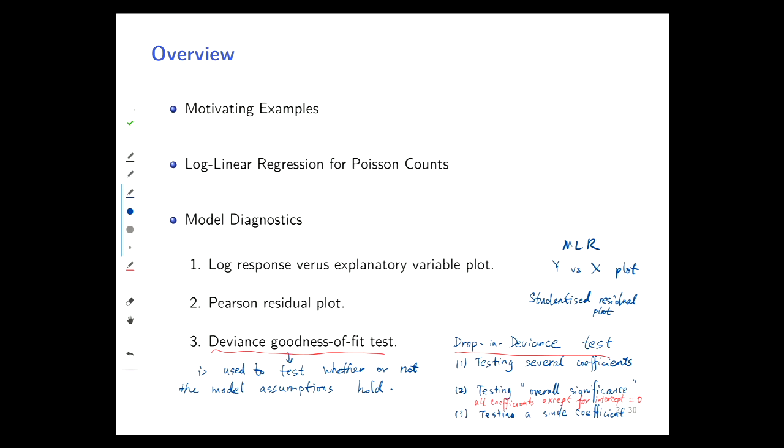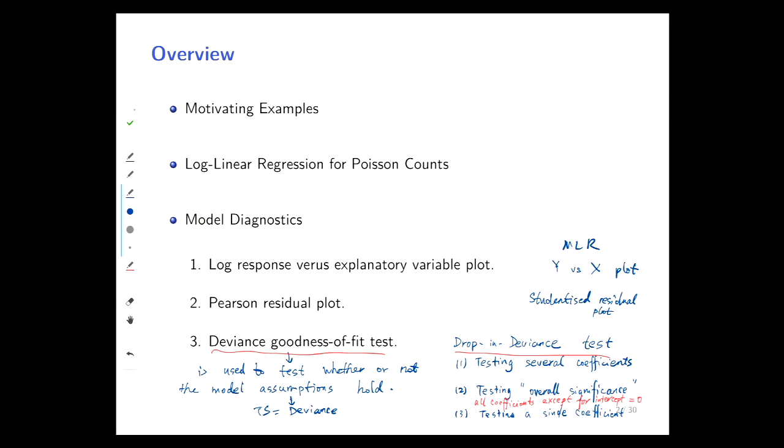So this is the deviance goodness of fit test. In order to realize this, the test statistic is the deviance. I think you have already seen it in the binomial logistic regression model, and we will talk about some similar tests for this Poisson log linear regression model.